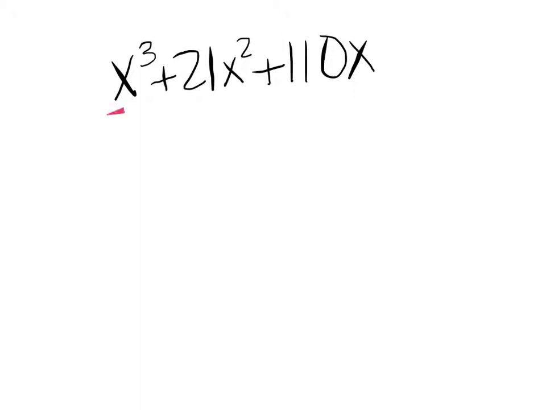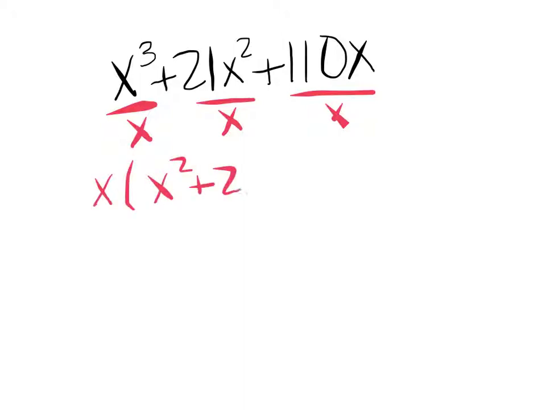They all have an x in them. So let's divide out an x. That's good because I don't know how to factor things with cubes in them. Actually, I do, but that's another project. So x times x squared plus 21x plus 110. That's where we're at now.